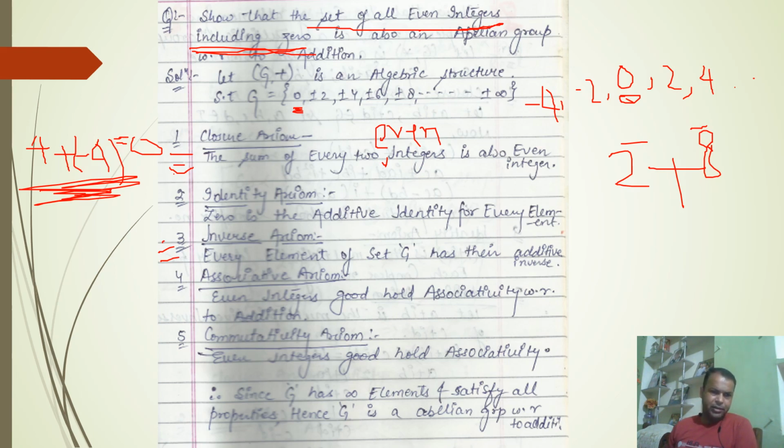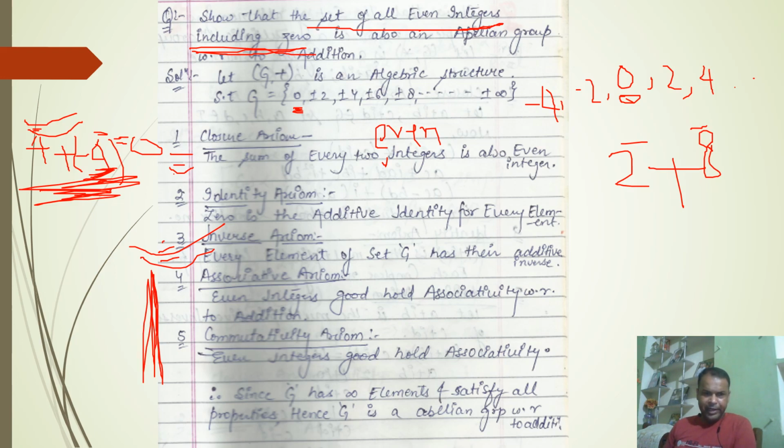It means numerically a number and its inverse will be the same. As 4 is an even integer which belongs to our set, then obviously -4 is an even integer and it will also belong to our set. So we can say that the inverse of every element is available in Z. So the inverse axiom is satisfied.